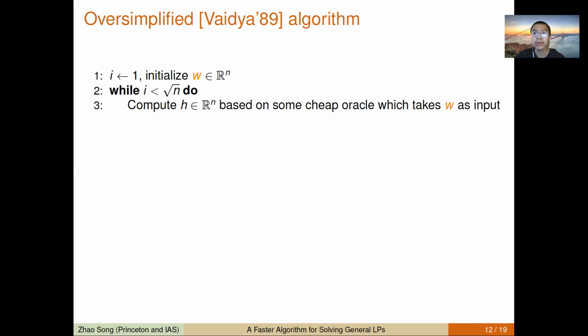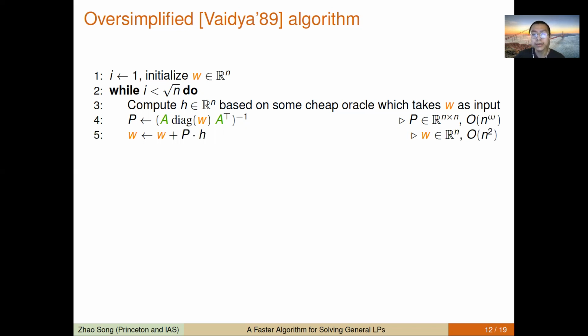Let's think of some very cheap oracle which takes w as input and outputs h. In line 4, the major task is to compute an inversion of the constraint matrix times the diagonal matrix times the transpose of the constraint matrix.